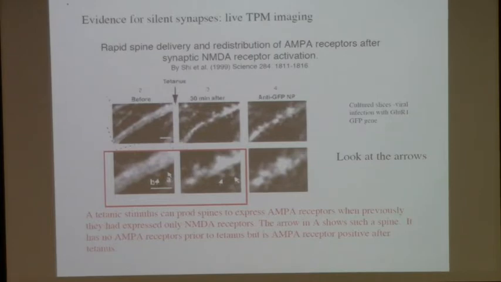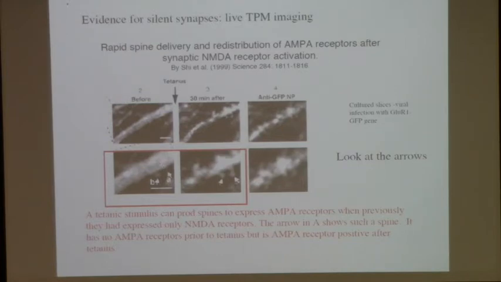So you can illuminate with one wavelength and get the excitation back, and then you can see where the signal is. So basically, this is the dendrite full of these AMPA receptors with a fluorescent tag.